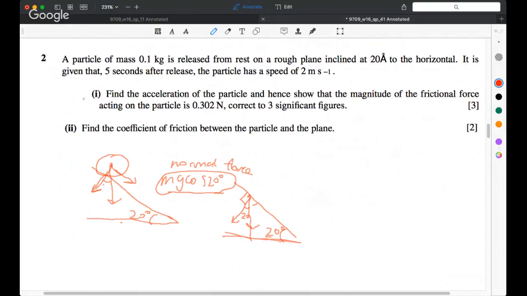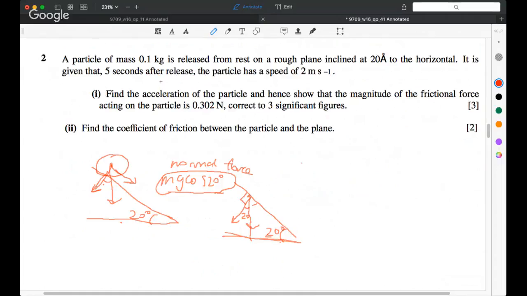But as we can see, the force acting perpendicular into the floor is perpendicular to the line of motion, so it's not doing any work. That's not the force that's causing the motion. The component that's causing the motion is the component that's parallel to the ground.